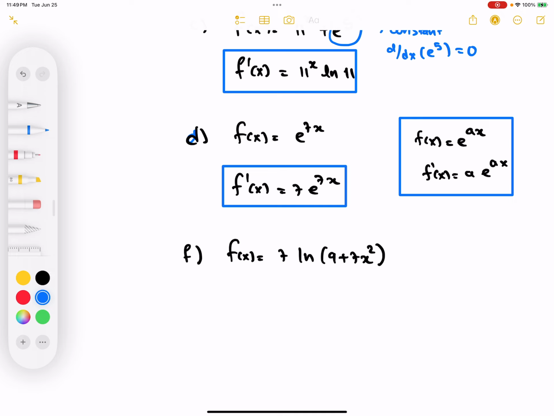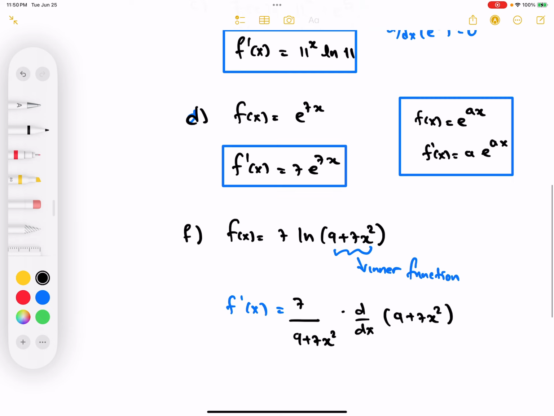So the inner one is this one, the inner function. So the derivative of this one is 7 as it is, over the inner, 9 plus 7x squared, and multiplied by the derivative of the inner function.